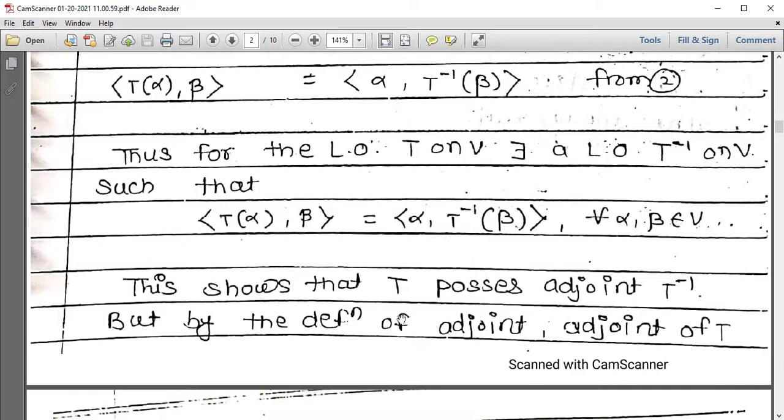This shows that T possesses an adjoint, the T inverse.